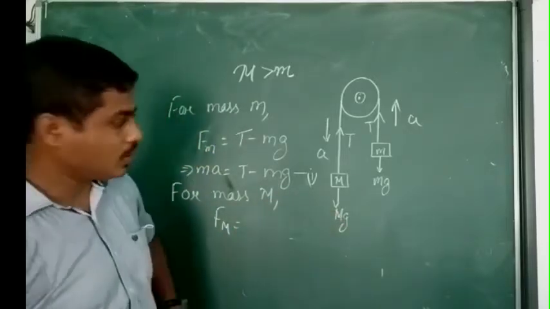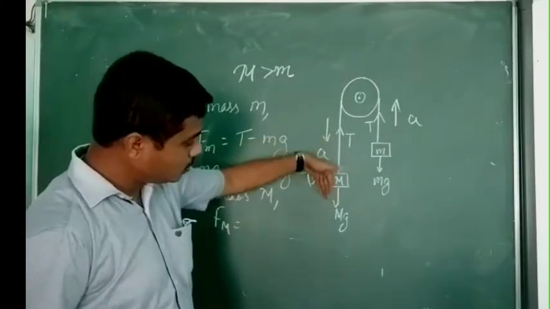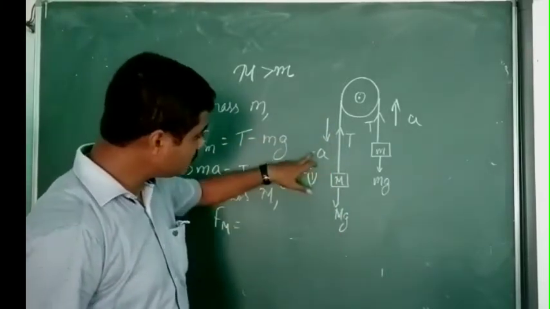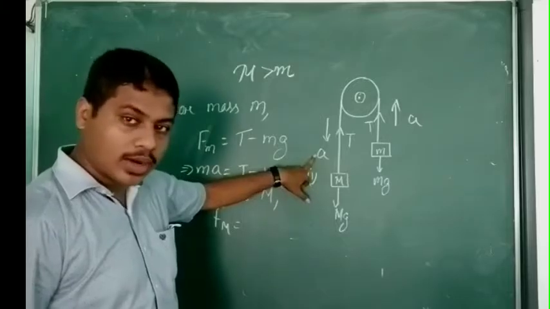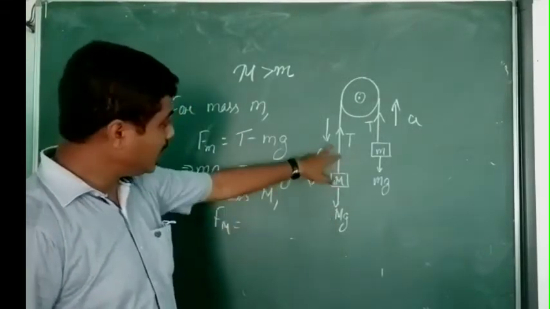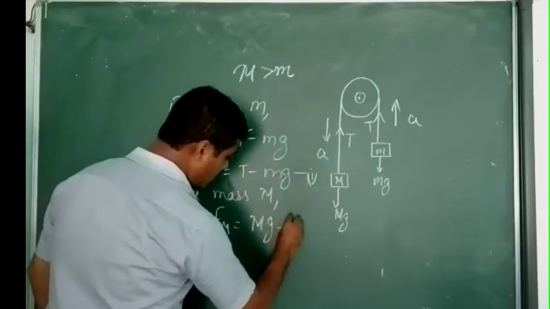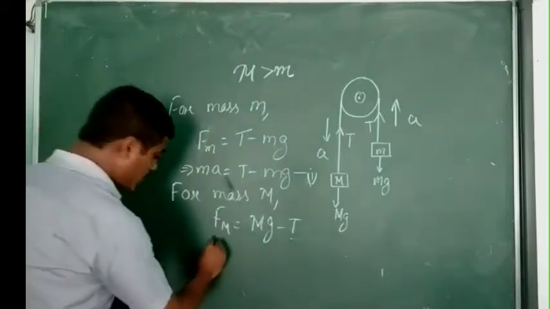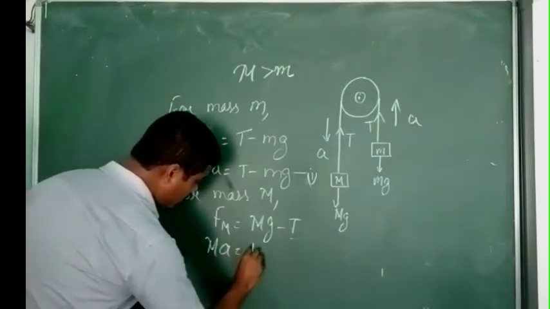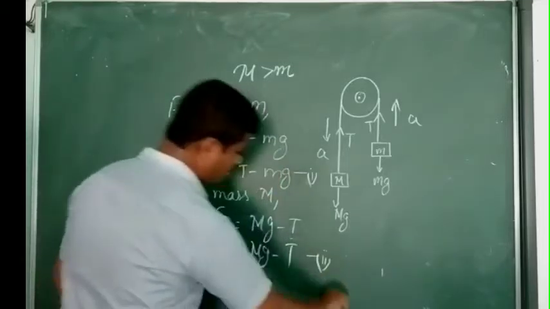Here there will be a difference because the capital M object is moving downwards. The acceleration, as you can see, is in a downward direction. That means the weight will be more than the tension force. So we have to write it this way: capital M into a will be equal to Mg minus T. Mark this as equation number 2.